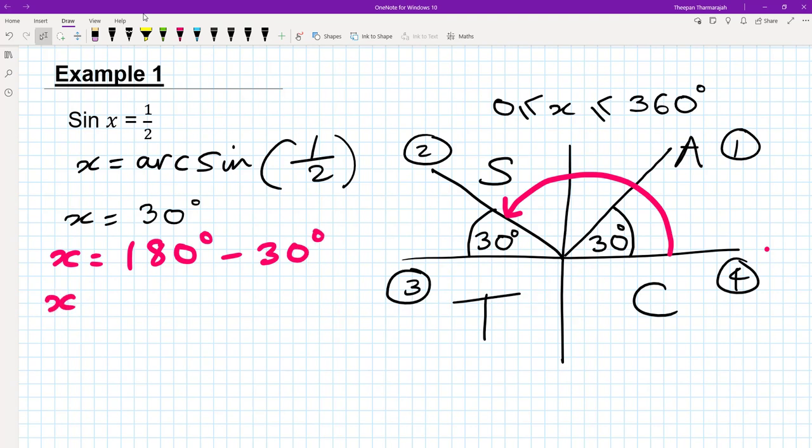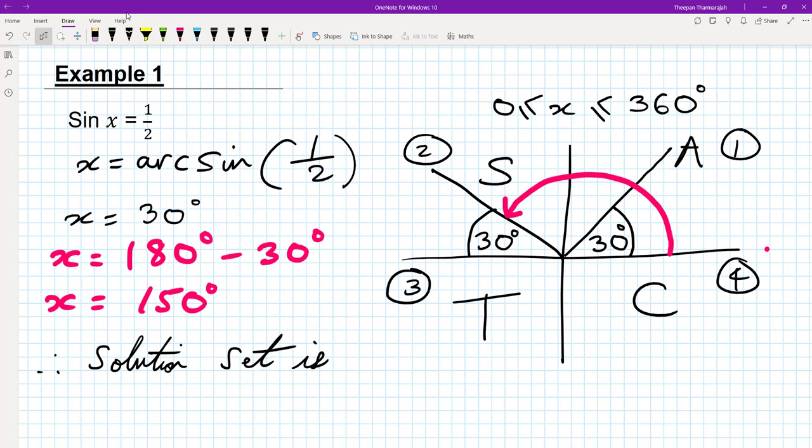So x would be equal to 150 degrees. And finally, we write that therefore our solution set is that x is equal to 30 degrees and 150 degrees.